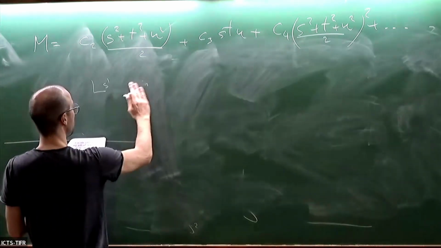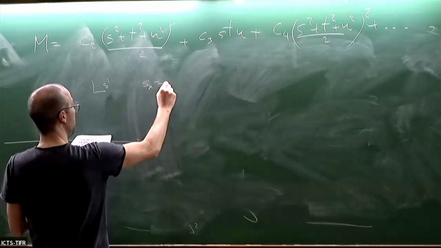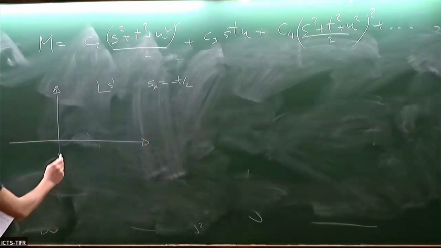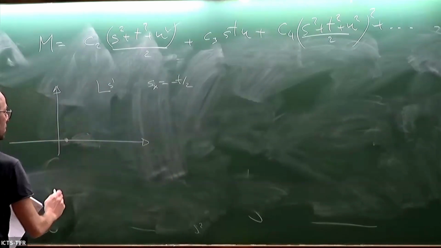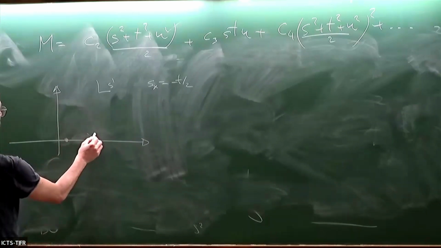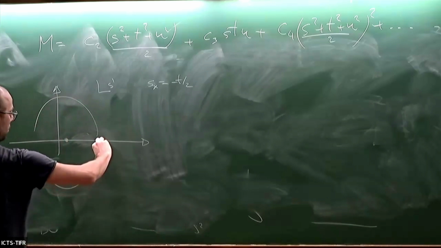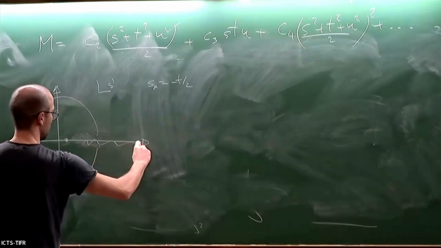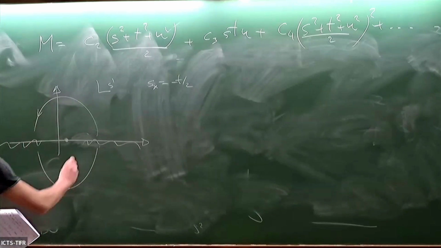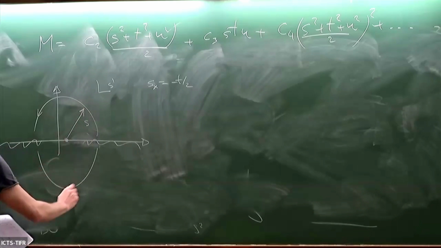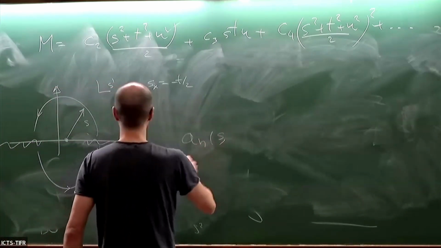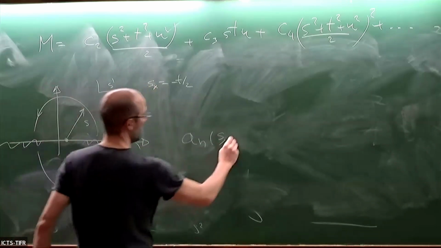Let's set the mass to 0. So the crossing symmetric point is minus T over 2. And we're going to take T negative, so it's going to be somewhere here, depending on the size of T. So we're going to do our contour. It's going to be a branch cut, with the radius S. So we're going to calculate arcs. It depends on S, the radius, and depends on T.